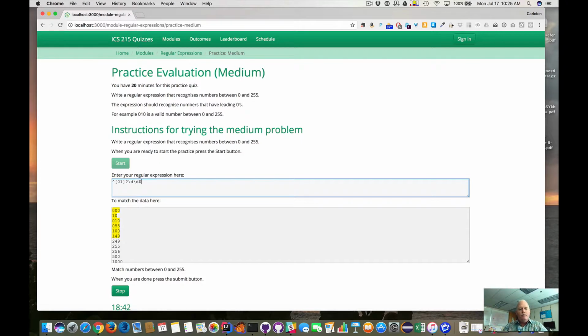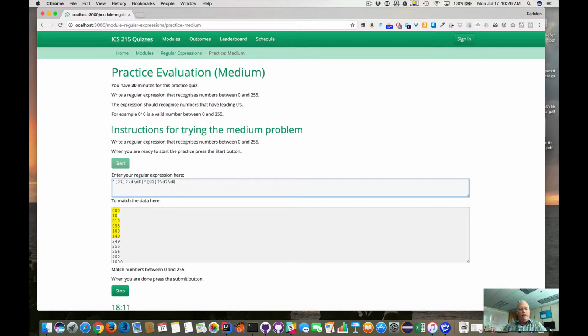Now, that doesn't match any of the 200 level numbers. I also want to say, or, I need to say any of these, so it would be beginning 0 or 1, optionally, and then a digit, optionally, a digit, end.